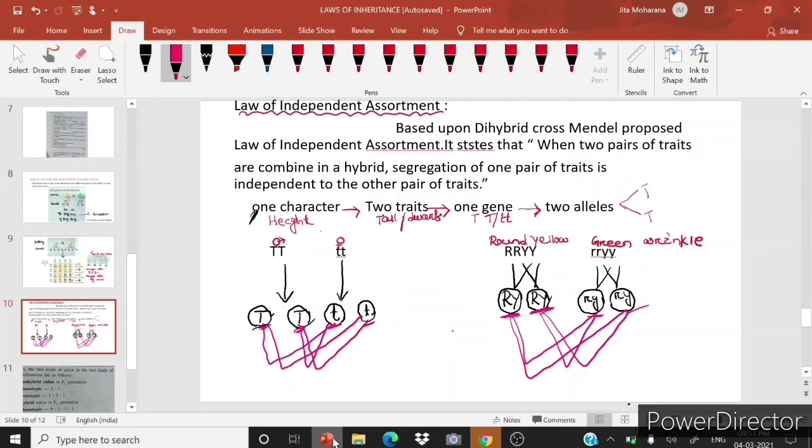And don't be confused between the law of segregation and the law of independent assortment. Law of segregation is segregation of gametes, but how the gametes combine and how they are independent to combine is the law of assortment.